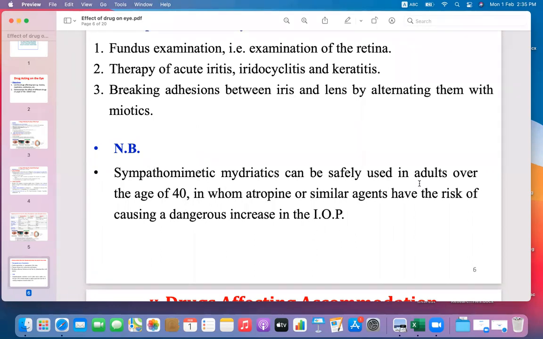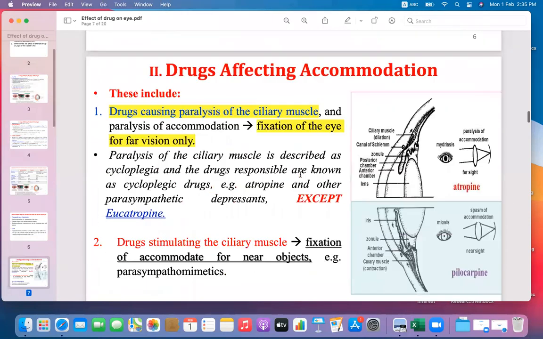So it is recommended to avoid atropine and its derivatives for mydriatic effects in old age persons.